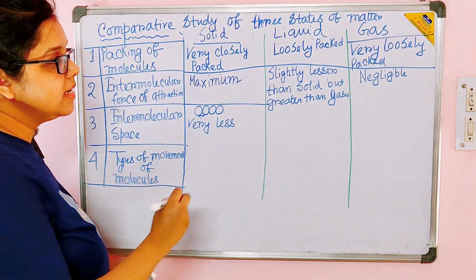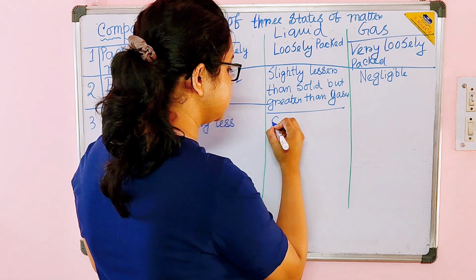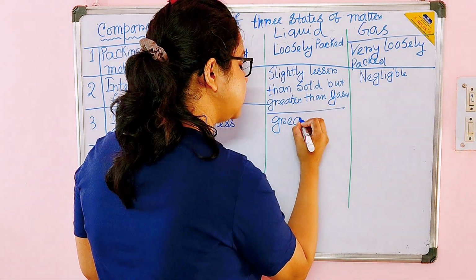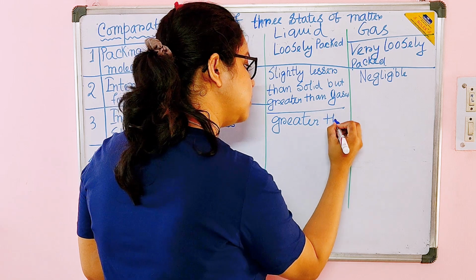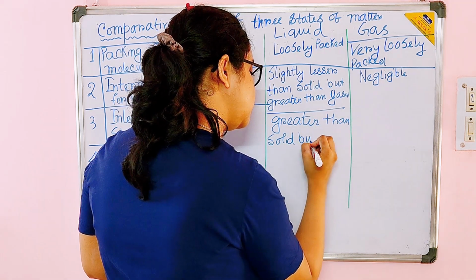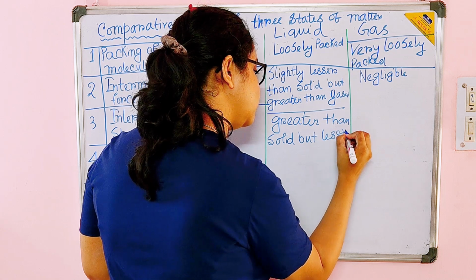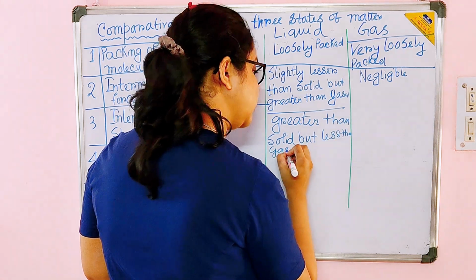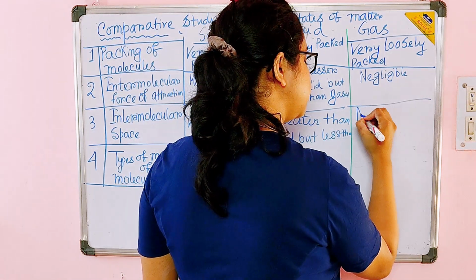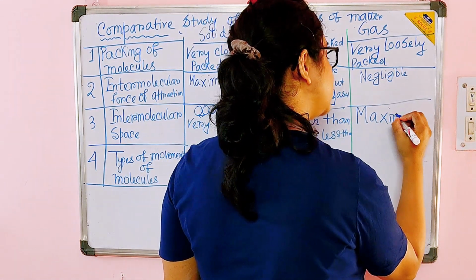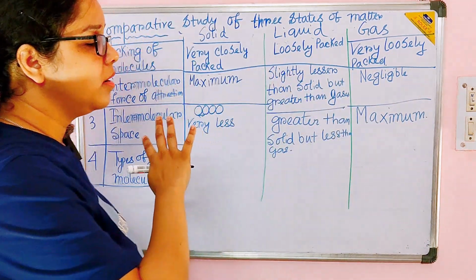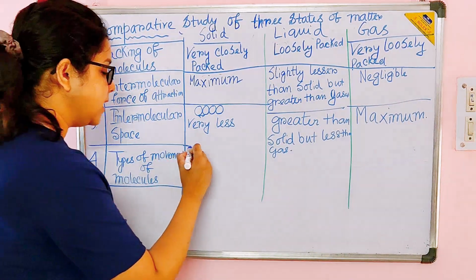In case of liquid, the intermolecular space is greater than solid, but less than gas. Clear? And it is highest, that means maximum, in case of gases because the molecules are far apart from each other.